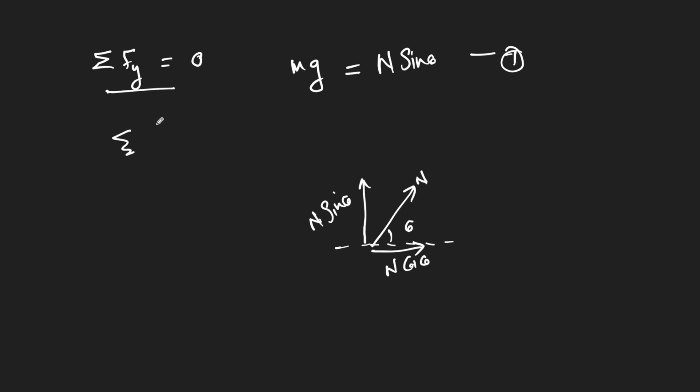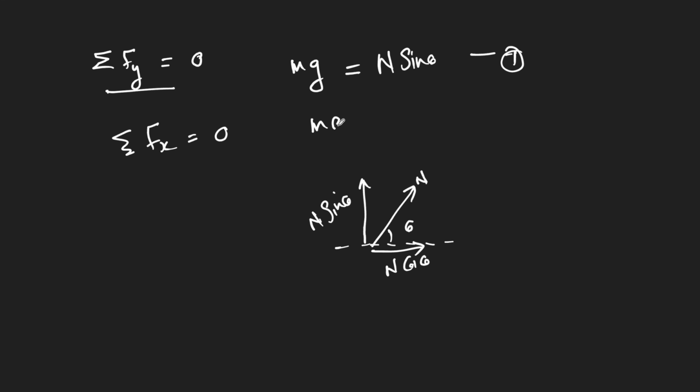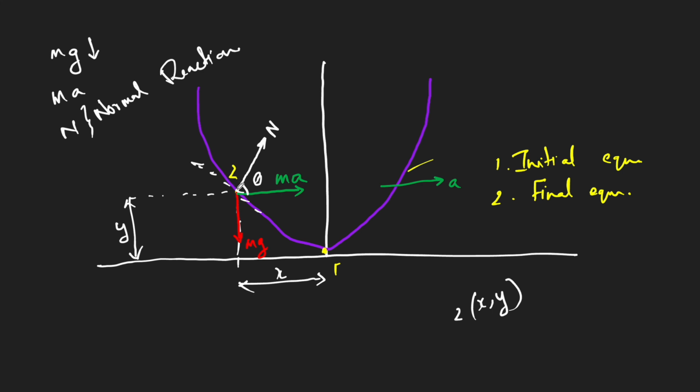Now we know, since it is in equilibrium, the net force in the horizontal direction must also be 0. That means the force ma must be equal to minus N cos theta. Magnitude wise, ma must be equal to N cos theta. The direction of N might be different.